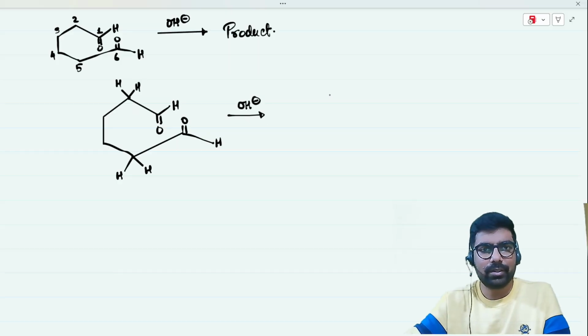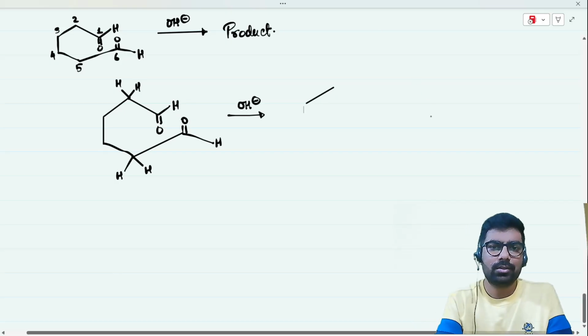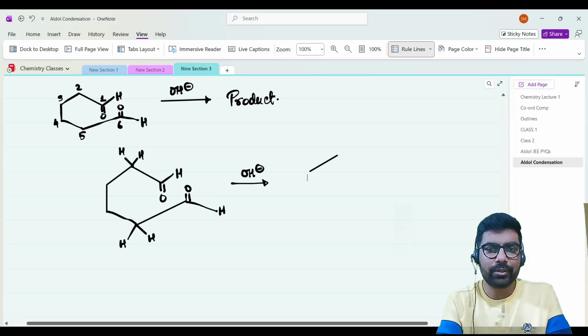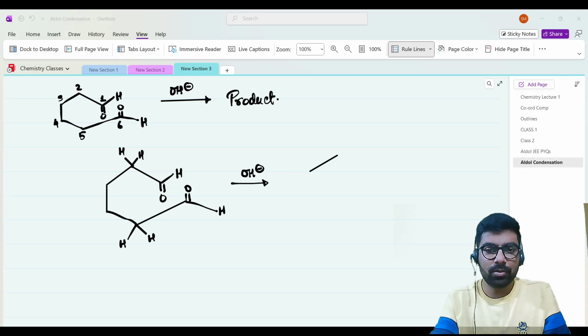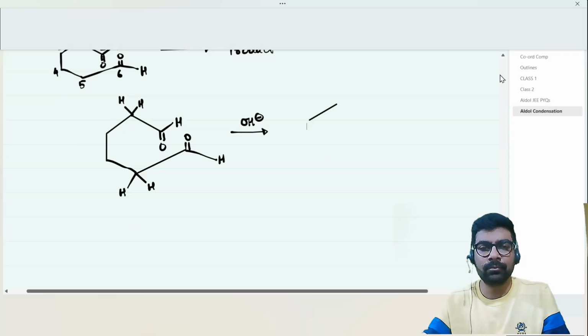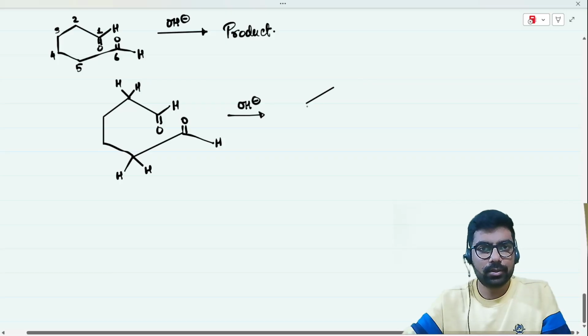So in presence of OH minus, any of the alpha hydrogens can be abstracted. So we will abstract one of the alpha hydrogens and then carry out the reaction. In between the two alpha hydrogens, we will take one out and then proceed.